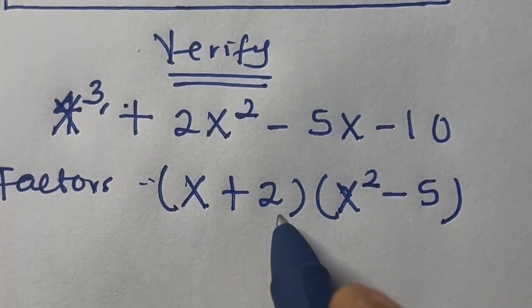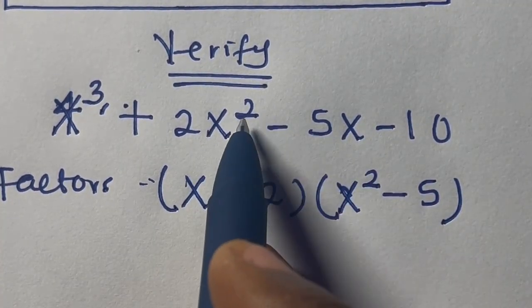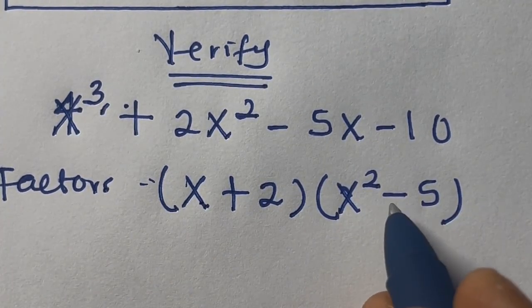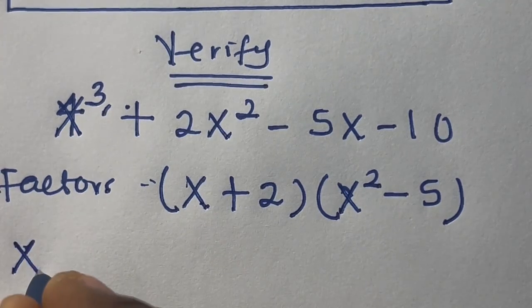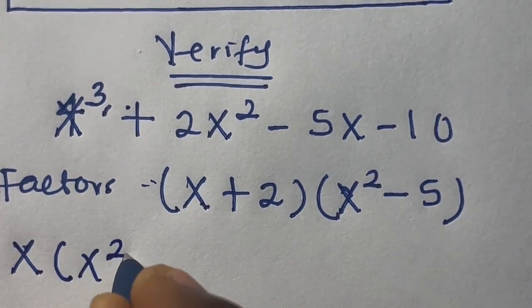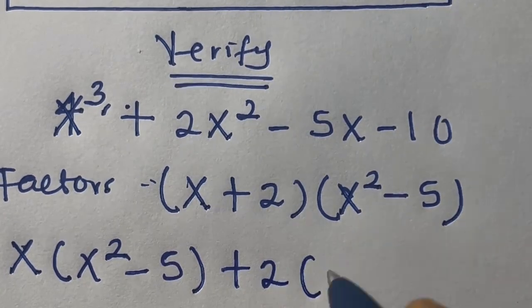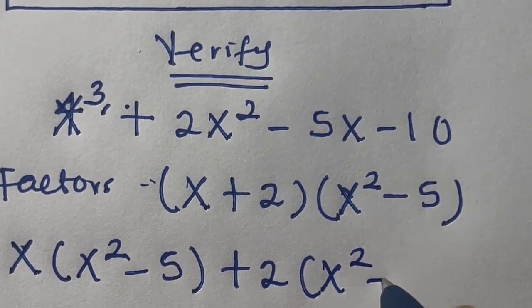To verify this, you want to expand this and see if you are going to get the polynomial. So now we will have x times x squared minus 5, then plus 2 times x squared minus 5.